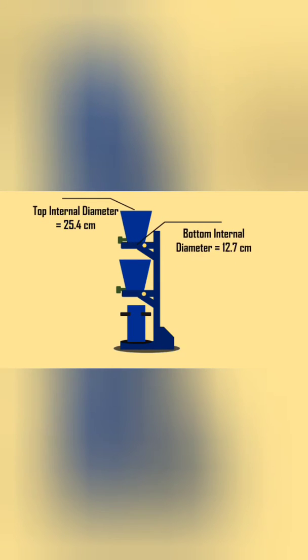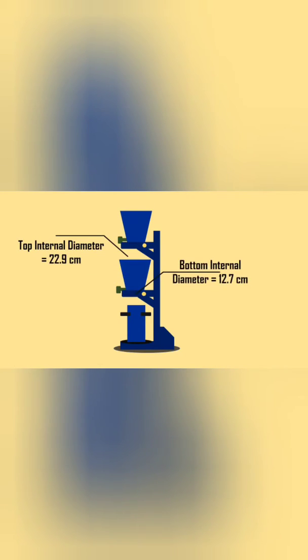The compaction factor apparatus consists of the upper hopper of dimensions: top internal diameter 25.4 cm, bottom internal diameter 12.7 cm and internal height 27.9 cm. A fixed lower hopper of dimensions: top internal diameter 22.9 cm, bottom internal diameter 12.7 cm and internal height 22.9 cm.